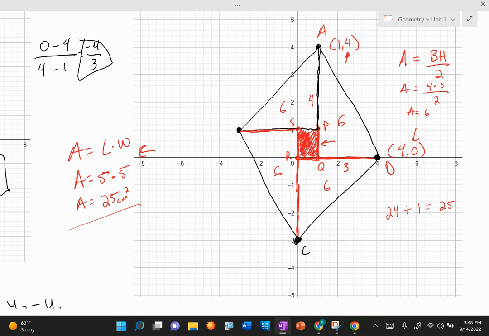We will also do a dodecagon, which is 12. So we're going to start classifying.